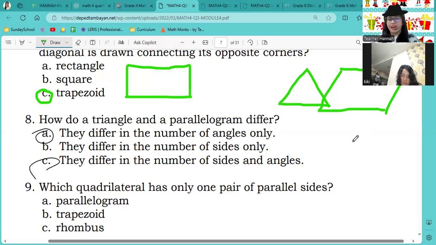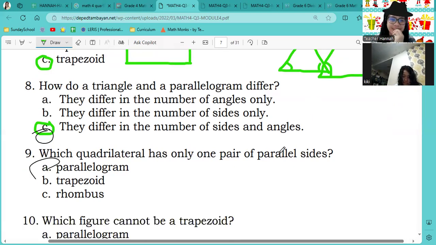So the only thing that is different here is the number of sides. Okay, wait a minute. So the number of sides and angles, because you have 3 angles here and here you have 4 angles. Is that right, Michaela? Yes.